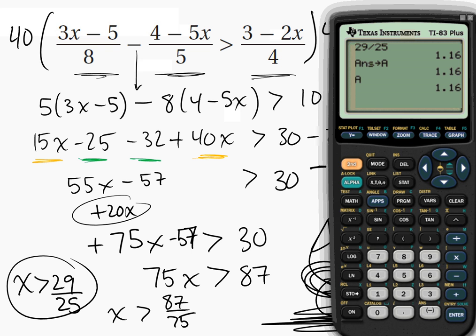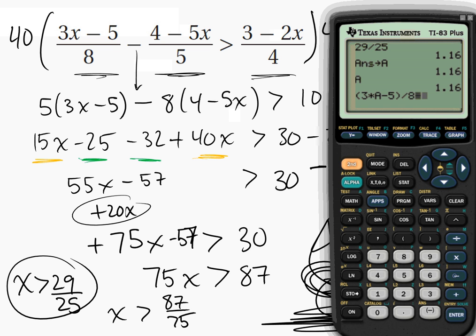Okay, so how can I use that? Well, in this numerator, I've got 3 times A minus 5, and I'm going to divide that by the number 8.